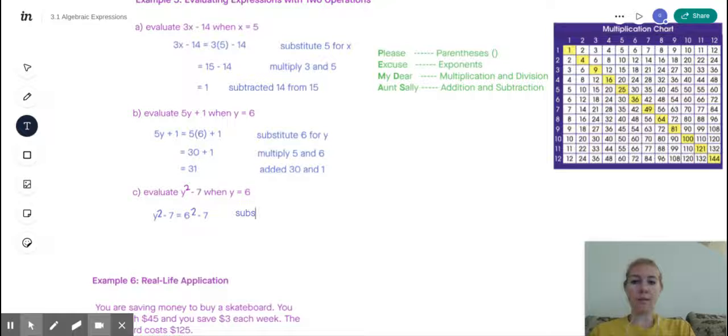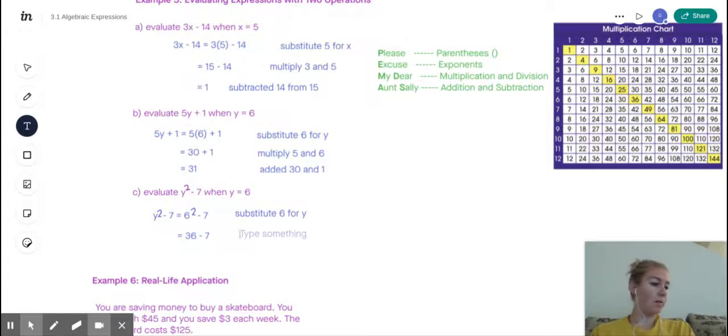I have a difficult time typing out substitute. Substitute 6 for y. Okay, and then if we look at order of operations, we know that exponents come before subtraction. So we're going to solve 6 squared. And I know that 6 squared is the same as 6 times 6, and 6 times 6 is 36. So we have 36 minus 7.